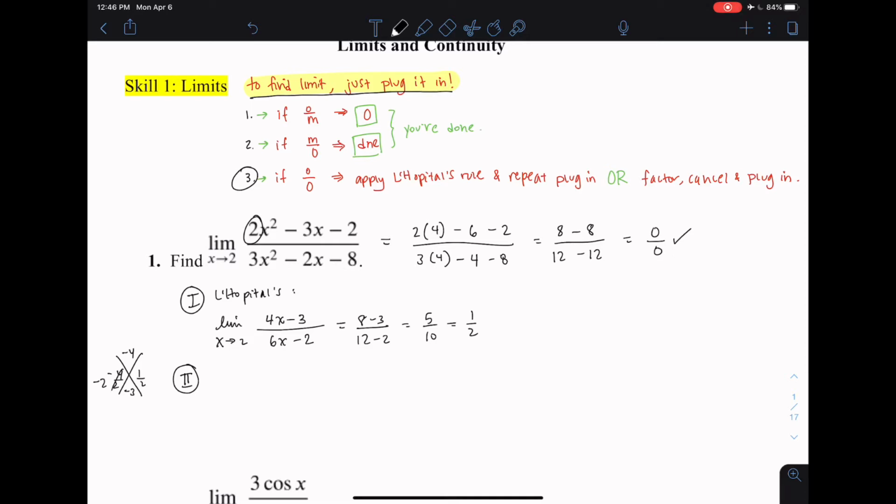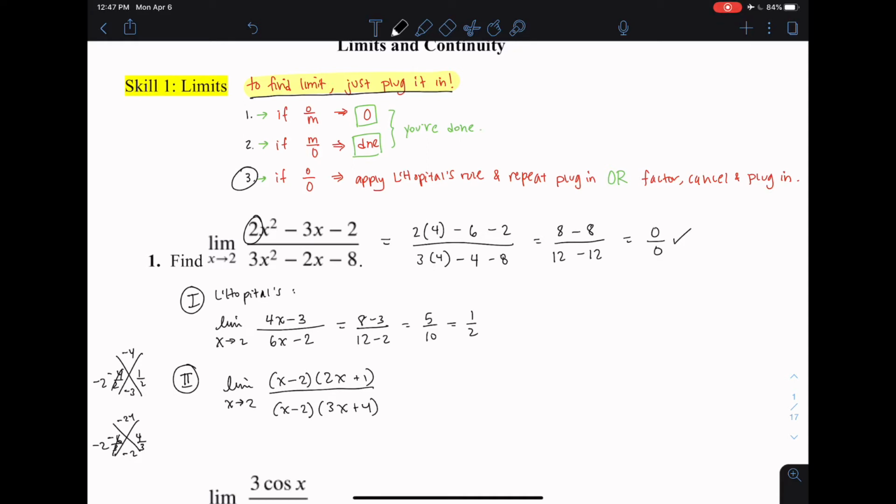And I find that I can rewrite this expression as x minus 2, 2x plus 1. Now let's factor the denominator. 3 times -8 is -24. Has to add to -2. That's going to be -6 and 4. Dividing by the 3. And simplifying my fraction, I get x minus 2 and then 3x plus 4.